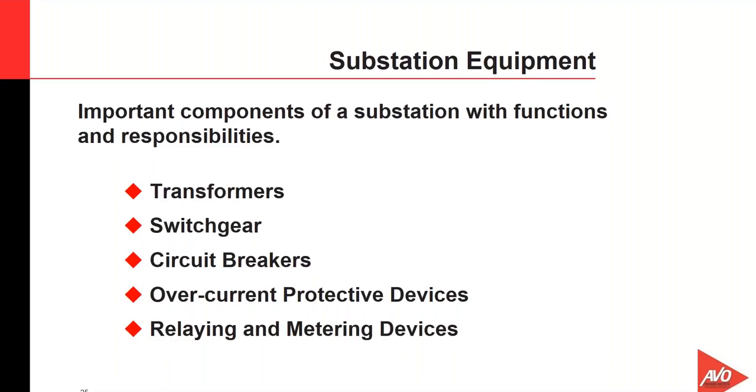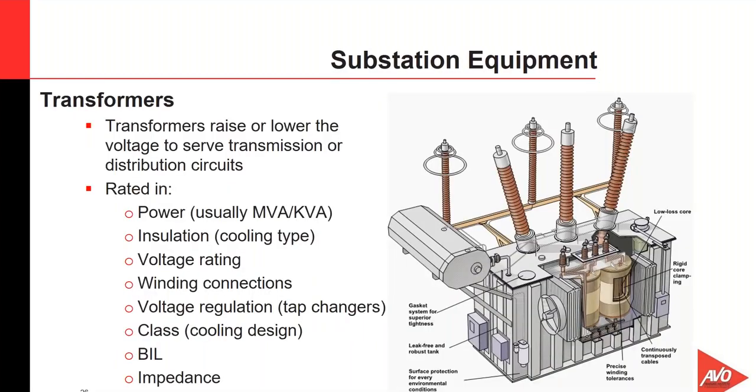So the most important one out here that we could see is going to be our transformers. And our transformers' sole purpose in life is to raise and lower the voltage to serve transmission or distribution circuits. This is its sole purpose. This is what its job is, to raise or lower the voltage, depending on what that customer needs or how far along that power may go.